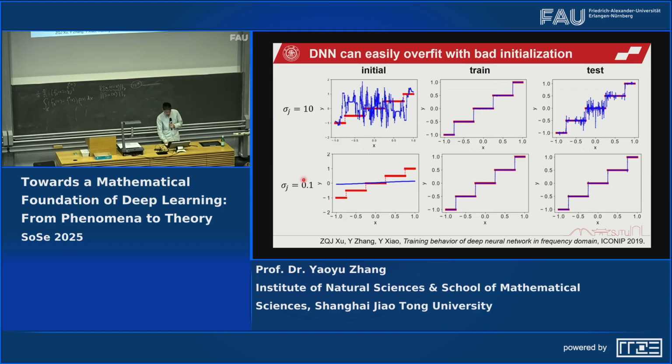Right? And if you initialize with a very small variance, that is what you see, they are not only good on the training data, but also good on the testing data. And this phenomenon tells you that the neural network is actually very easy to overfit. Yes, this actually uses a sigmoid function.